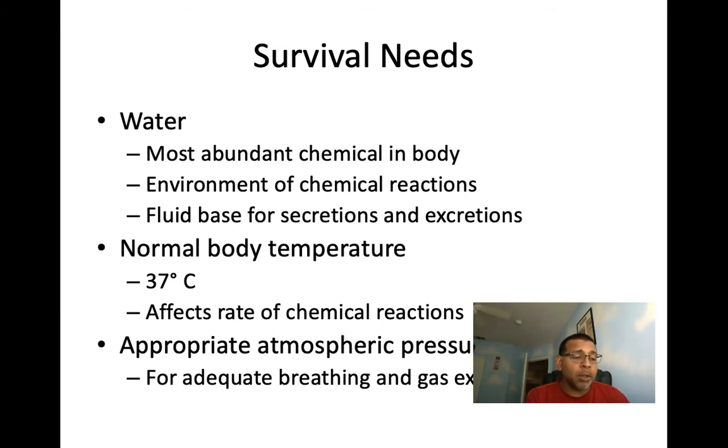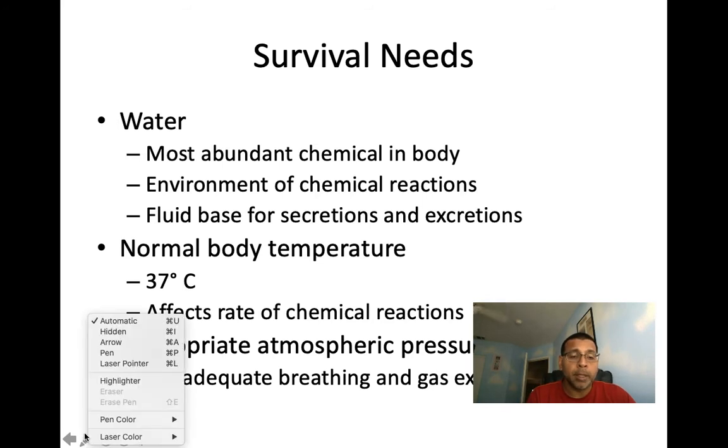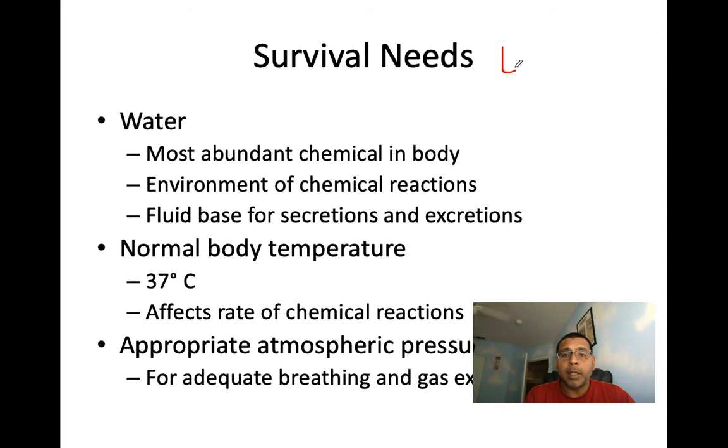Water is found in our body divided into two main compartments. Number one, you have your extracellular fluid, your ECF. And number two, you have your ICF, intracellular fluid.